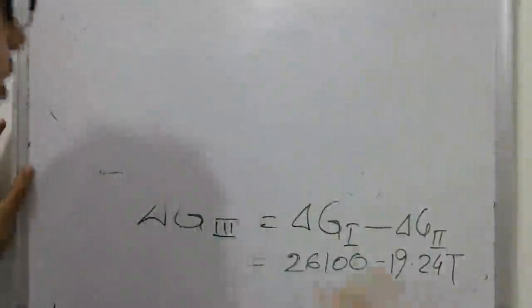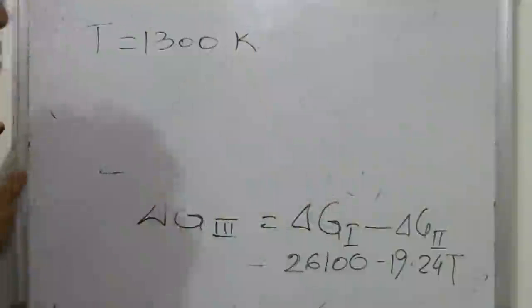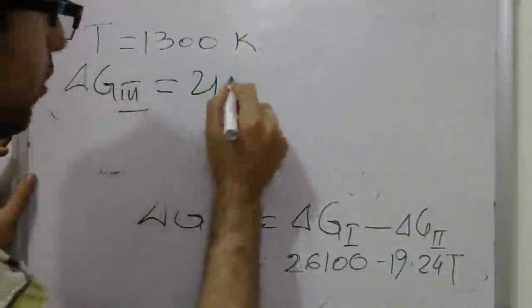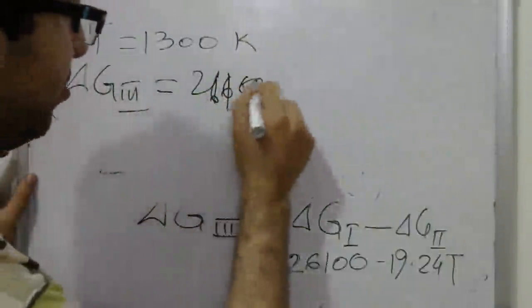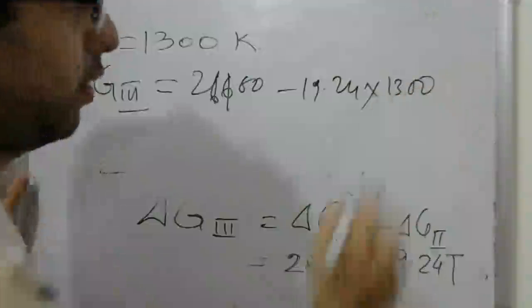What is the delta G3? So it is 26100 minus 19.24 multiplied by 1300.